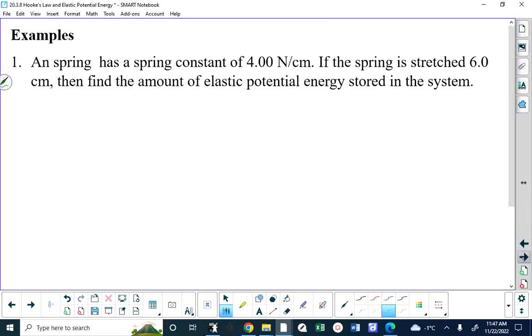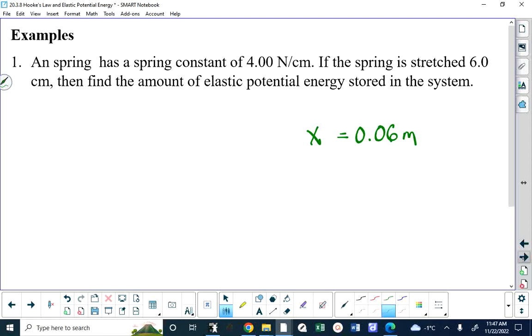All right, let's try a couple of questions now. A spring has a constant of 4 newtons per centimeter, and it's stretched 6 centimeters. How much elastic potential energy is in the system? First of all, the displacement is 0.06 meters. We need to work in standard units.